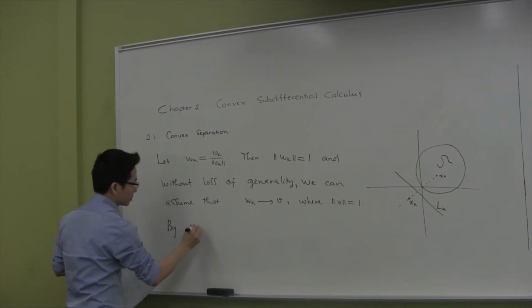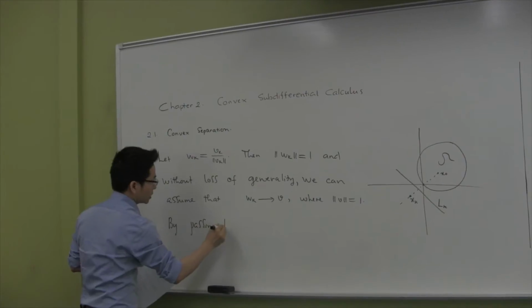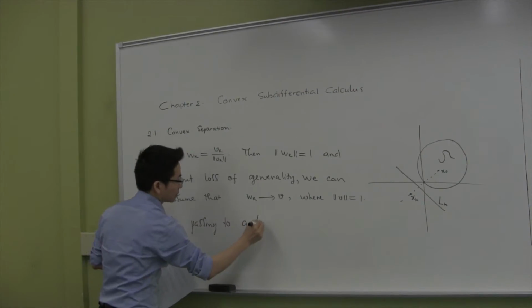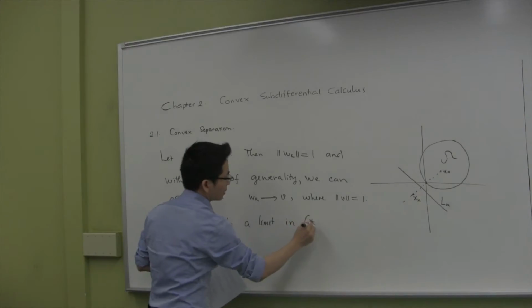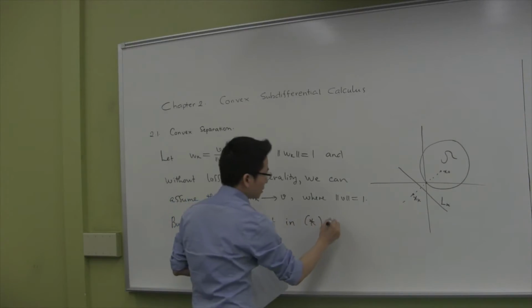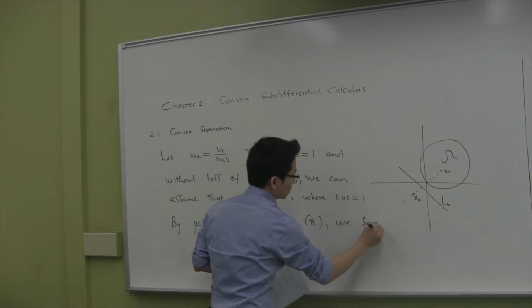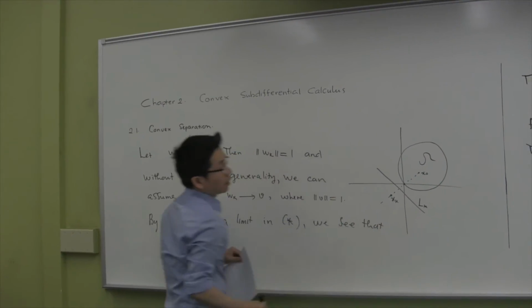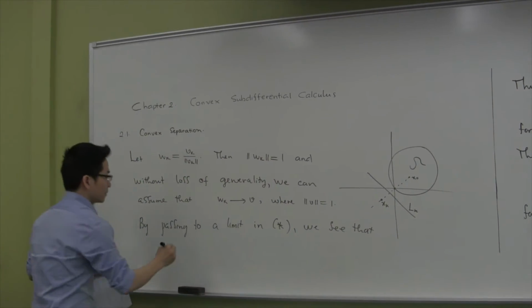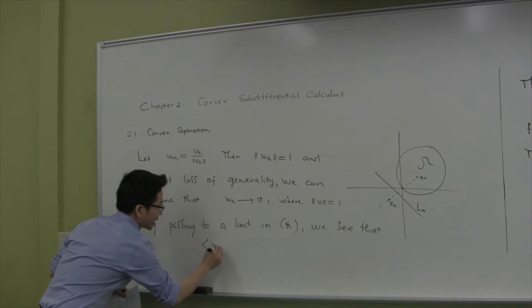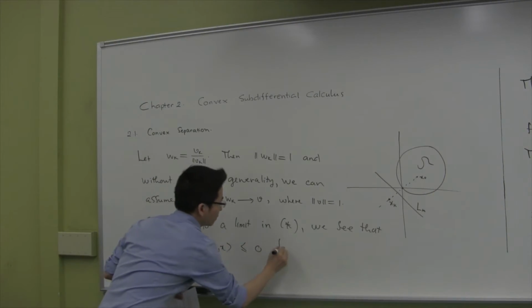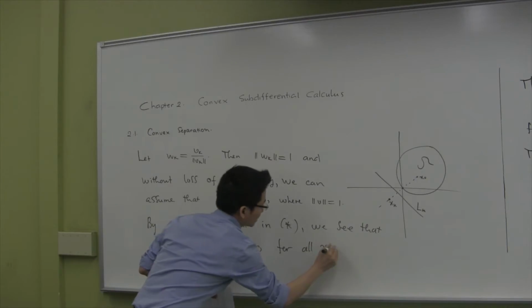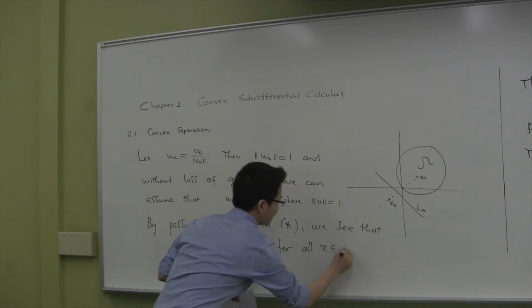By passing to a limit in star, we see that the inner product of V and x is less than or equal to 0 for all x in Omega.